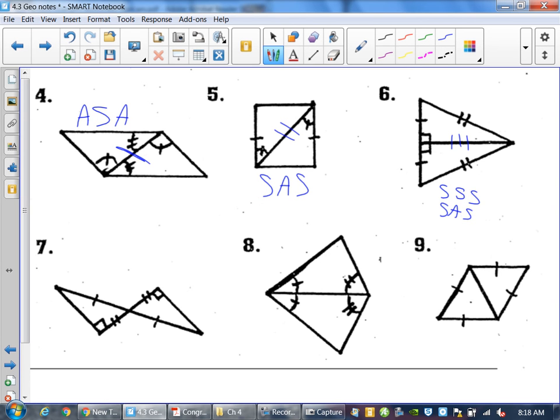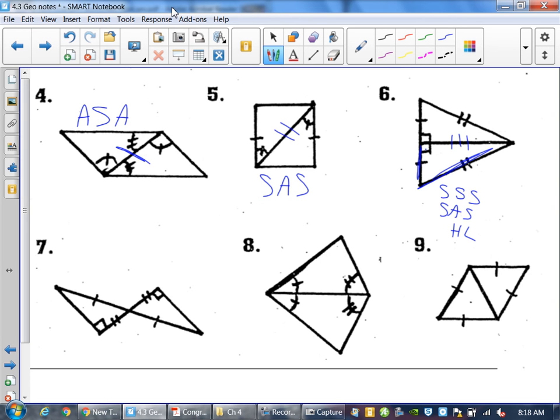Or you could have done hypotenuse leg, because you had the hypotenuse and a leg with right triangles.